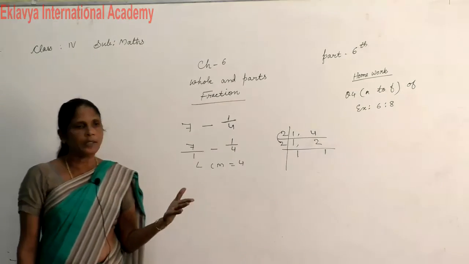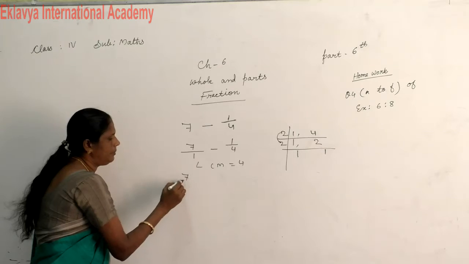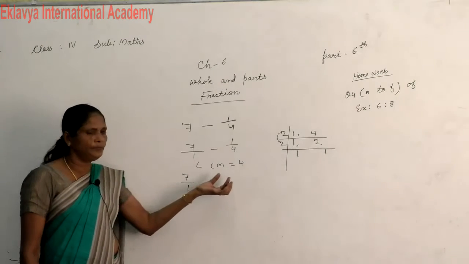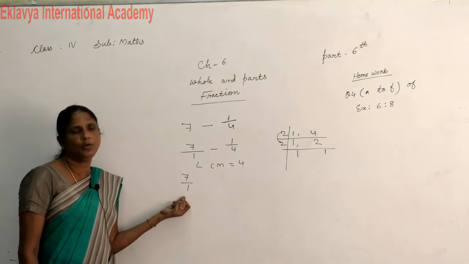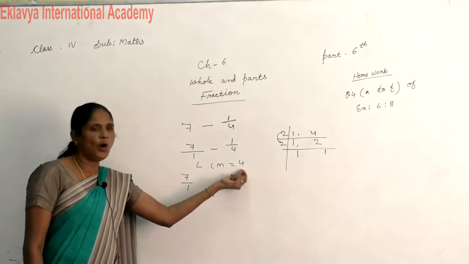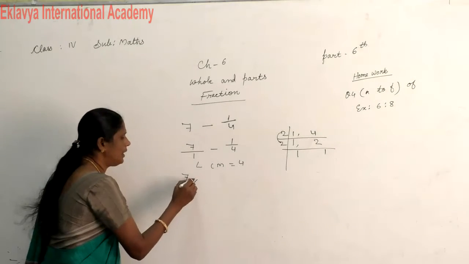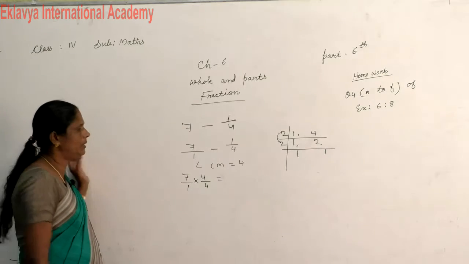Now next step, first we write our fraction 7 by 1, then LCM divided by each denominator. That is 4 divided by 1, you get 4. Then multiply numerator and denominator.